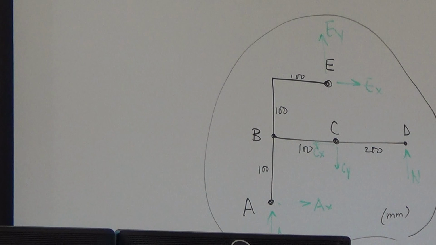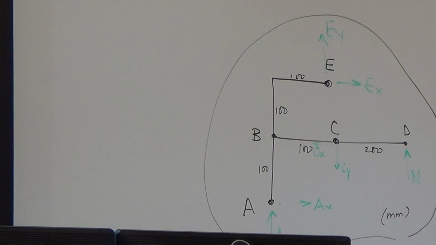AY. Can you find AY by looking at the total free body diagram and seeing that there's only AY pointing up, so AY would have to be the negative of the normal? That's right, but we still don't know what the normal is, right? Right, so the N would still be a normal.